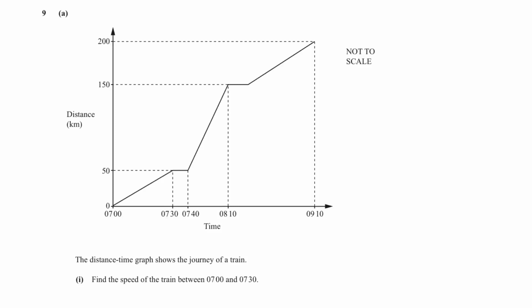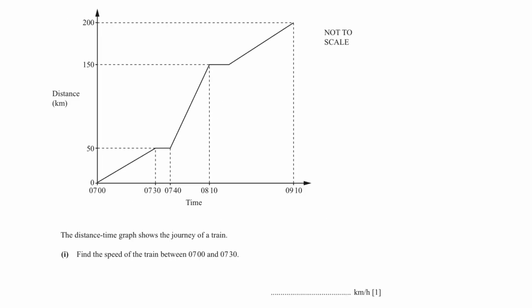Question number 9 is a speed distance time graph. This is the distance and the time given. A1, find the speed of the train between 7 and 7:30. To find the speed, we use the formula speed is equal to distance over time taken.